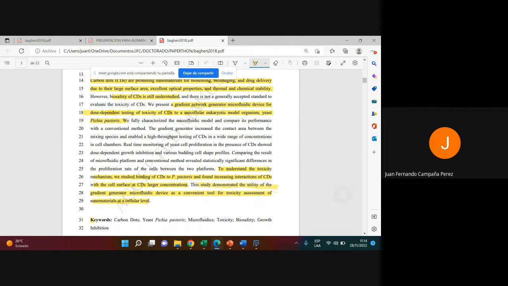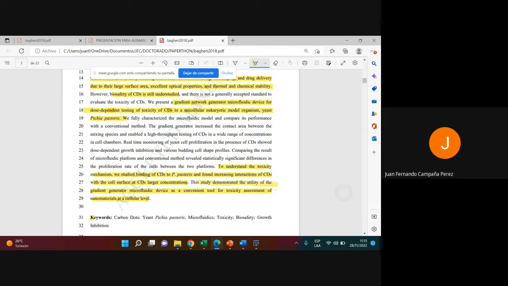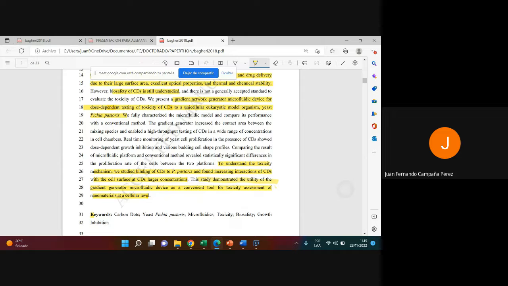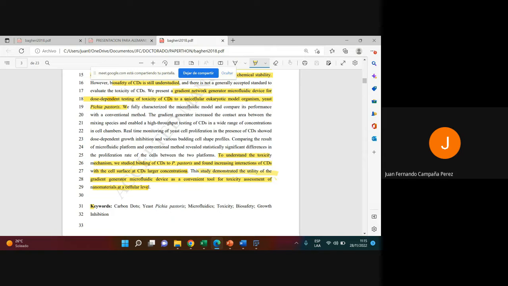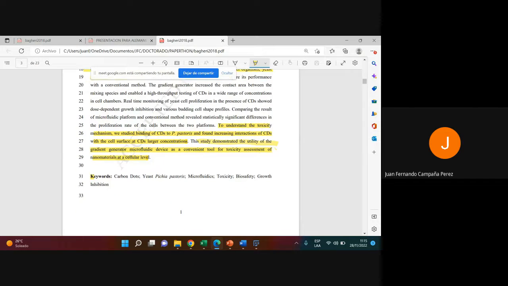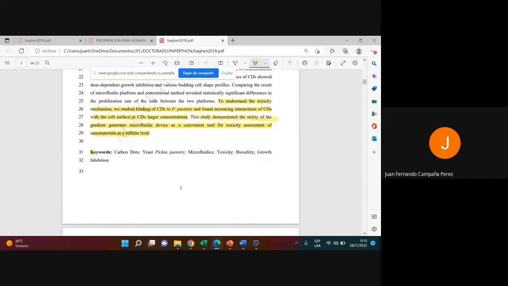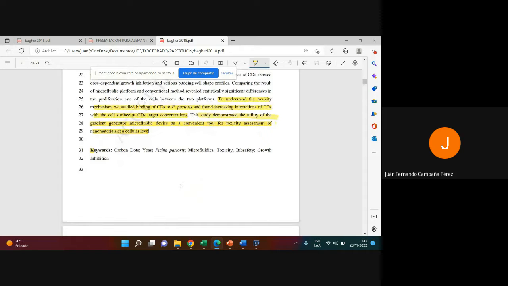They present in this work a gradient network generator, a microfluidic device for dose-dependent testing of toxicity of carbon dots to a unicellular eukaryotic model, in this case, Pichia pastoris.